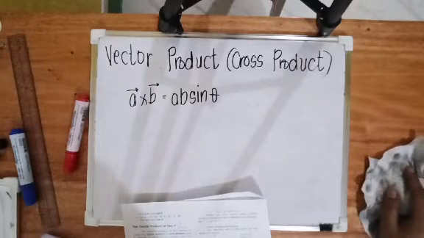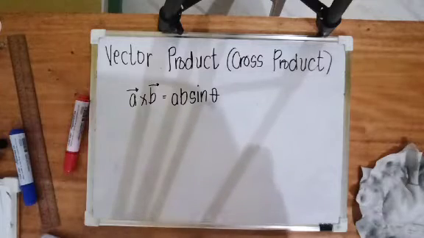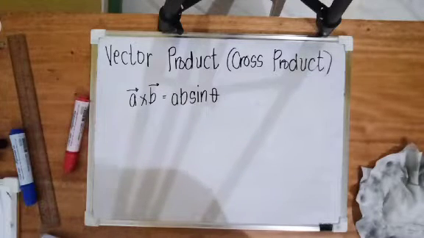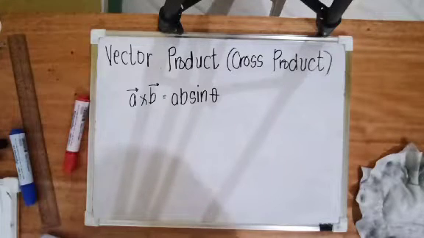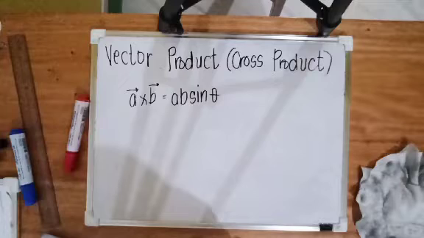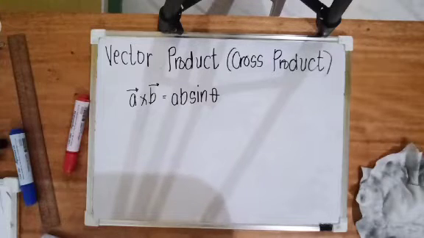We are now on the vector product or the cross product. The vector product, the second product of two vectors, is called the vector product or the cross product and is defined in terms of the magnitudes of the two vectors and the sine of the angle between them.